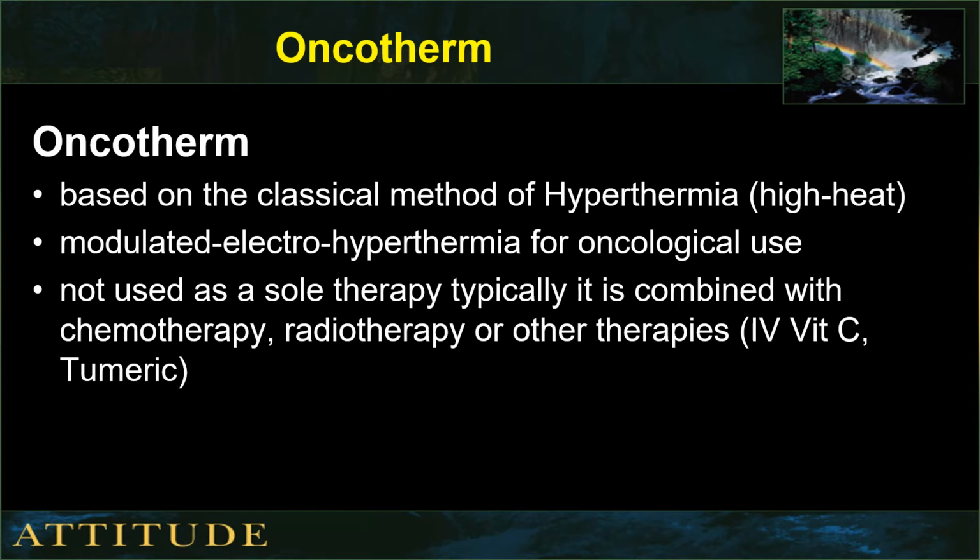Typically, it is combined with chemotherapy, which is what we're going to talk about today, radiation, and other therapies such as intravenous vitamin C. However, it has been used on its own. And that is another presentation that I will put online, specifically in regards to the impact of Oncotherm on its own as a sole therapy.